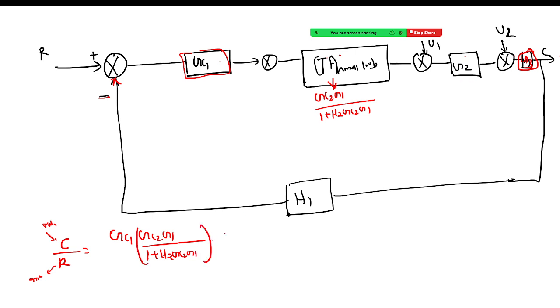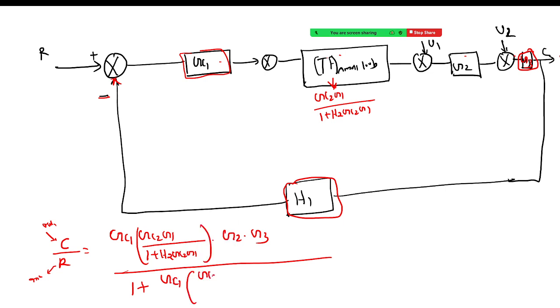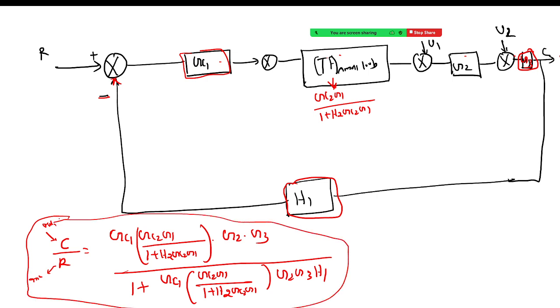Multiplication of G2 again into G3, and divided by 1 plus again all these things multiplied with this one. Fine. So 1 plus Gc1 and Gc2 G1 divided by 1 plus H2 Gc2 G1, into G2, G3, H1. So this one is the transfer function of the whole closed loop that we have here.